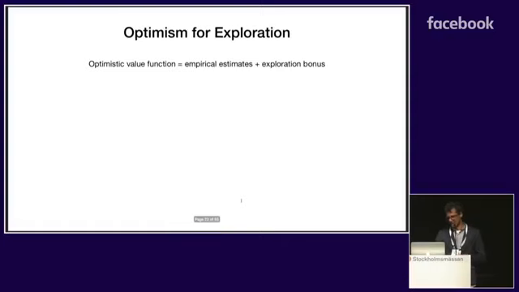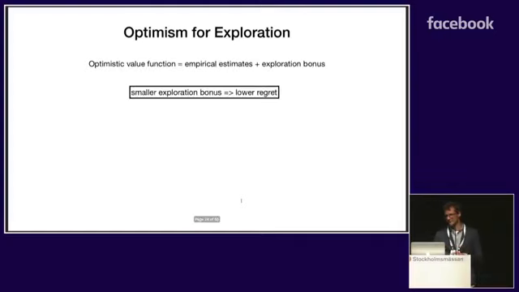And the paradigm that we are going to use is that of optimism in the face of uncertainty, which is basically, I guess, the predominant way to do exploration. We maintain empirical estimates, and we give some exploration bonus, and we use that to construct an optimistic value function. And of course, you would like to choose the smallest exploration bonus afforded by the problem, because you don't really want to over-explore.